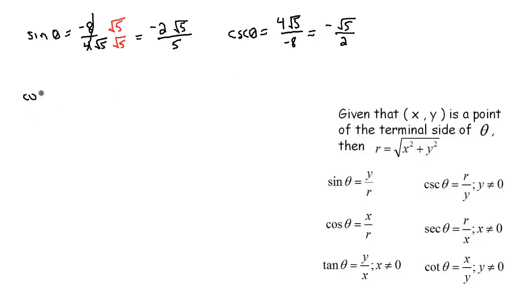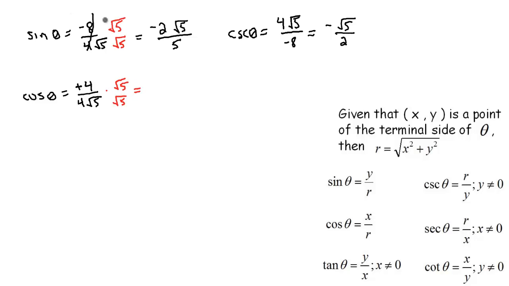So let's come down here and do cosine of theta. That's going to be x over r. So the x was negative 4, I'm sorry, that was positive 4. Our r was 4 times the square root of 5. We want to get rid of the radical in the denominator again, so we multiply by the square root of 5.